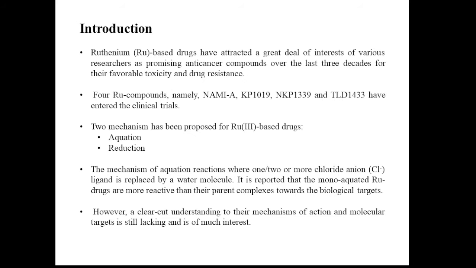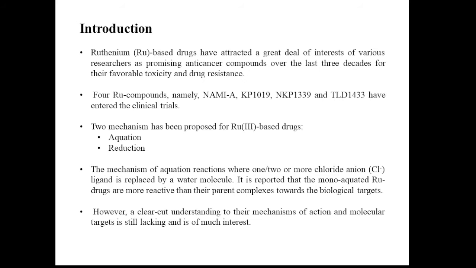But due to their various limitations, ruthenium anti-cancer drugs are considered to be the most promising substitute to the platinum anti-cancer drugs, which nowadays have been widely used for various types of cancer. Till date, four ruthenium anti-cancer compounds have been selected for clinical trials.